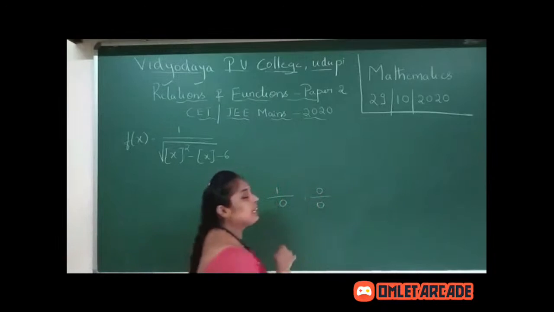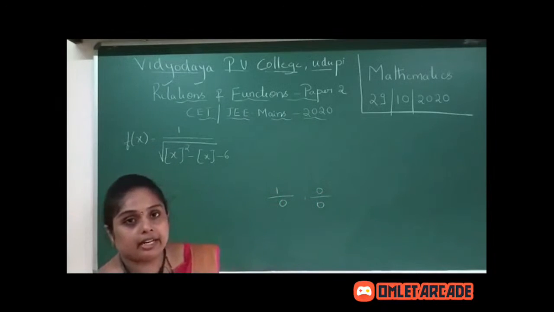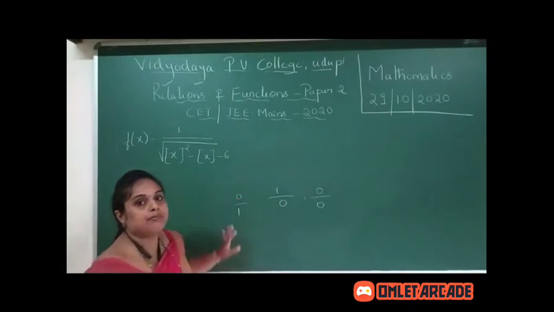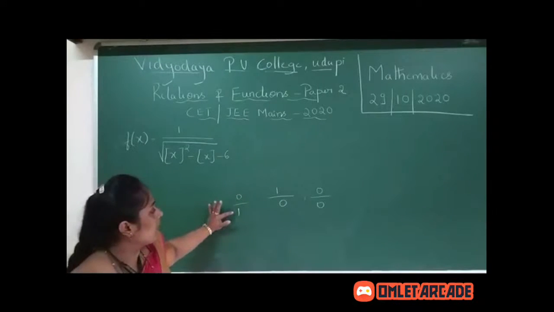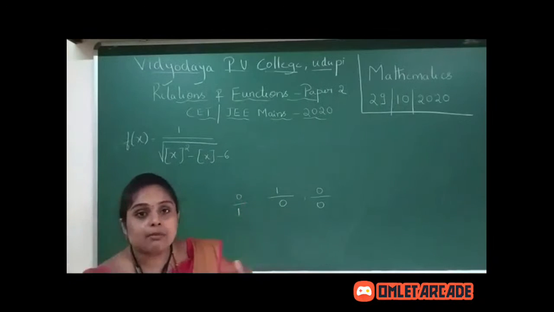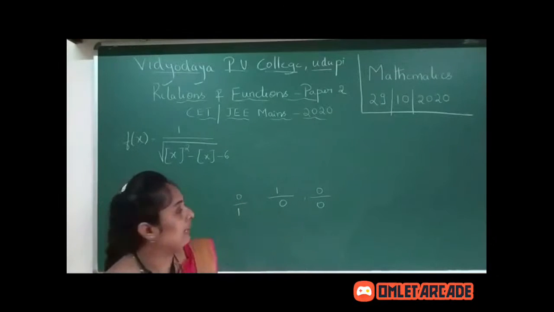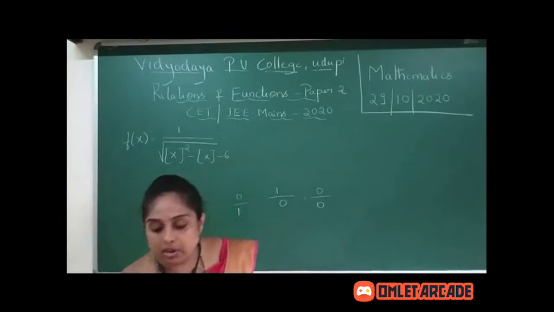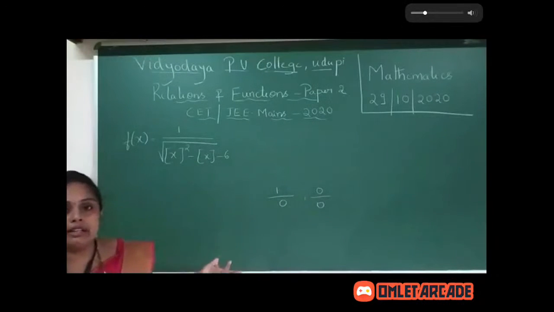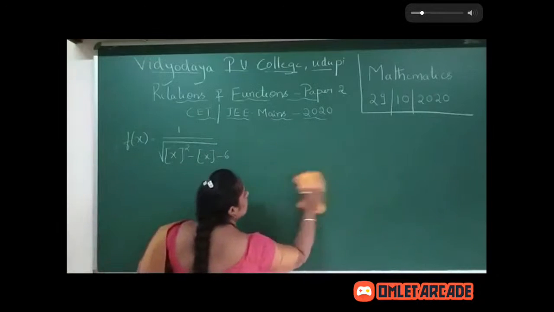Also, if I get 0 by 0, even this is not defined, undetermined form. But if it is 0 divided by any number, it is 0. 1 divided by 0 or any number divided by 0 is not defined. 0 by 0 is also not defined. So these two are undetermined forms.